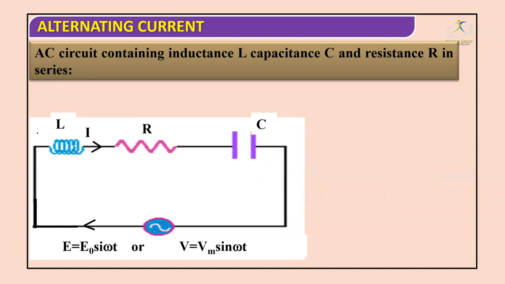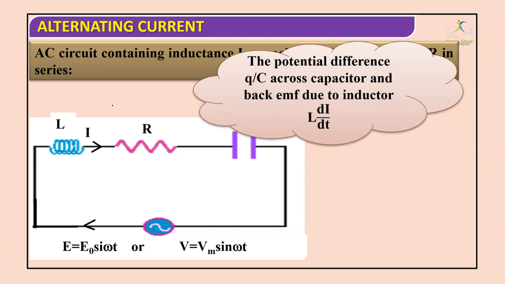As we can see, this is the current I. We know in this series combination, current will be the same everywhere. That's why at this point the current will be I, and again at this point the current will be I. We just take one direction.